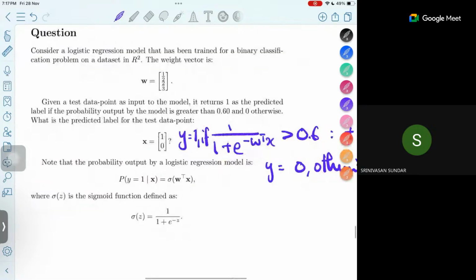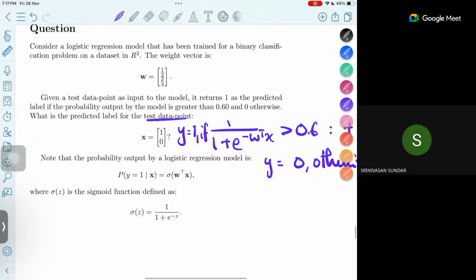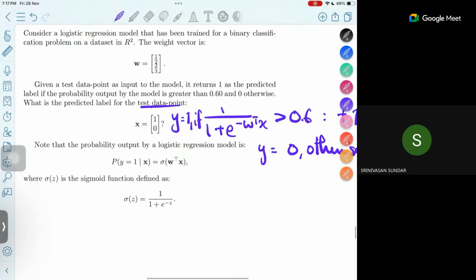So what is the predicted label for the test data point (1, 0)? So let's predict it. Of course, they have given the sigmoid function in case we forgot, but we didn't forget, right? So now we have the probability. Since they use the notation of sigma, we'll also use that: sigma of W transpose X, right?